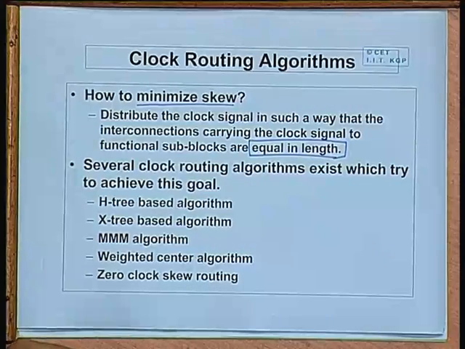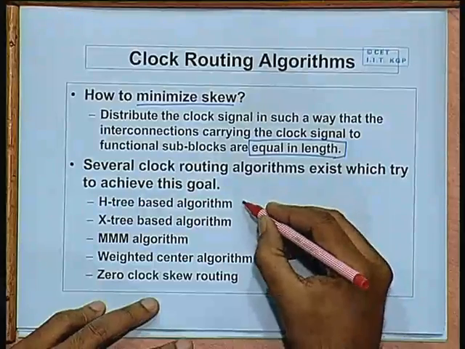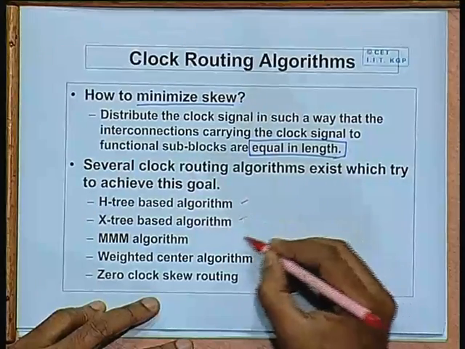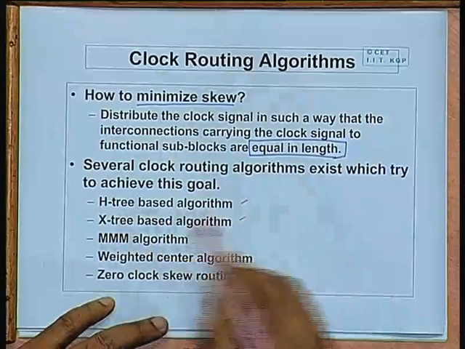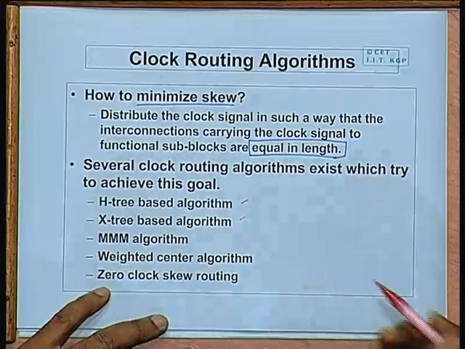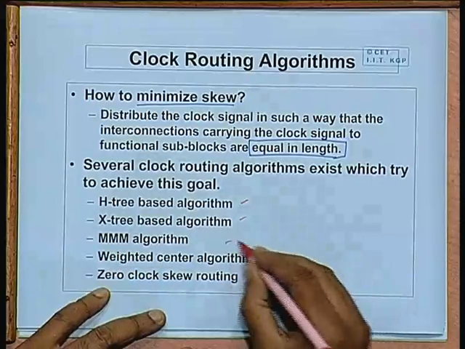Now, there are a number of algorithms which have been proposed. Well, some are general, which can be applied to general designs. Some are special purpose, which are not applicable to general designs, but applicable to special cases only. So, we will be quickly looking at some of these algorithms: H tree, X tree, method of means and medians, weighted center, zero clock skew.